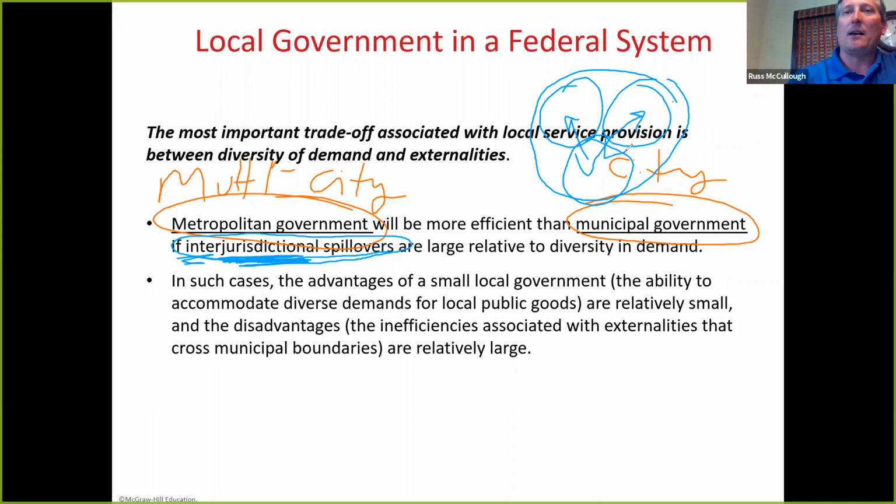If they are highly diverse for whatever reasons, then it might not make sense to have the police force be just that. Let's just all keep with our own because I know how to better serve my people, right? So that's the diversity of demand.